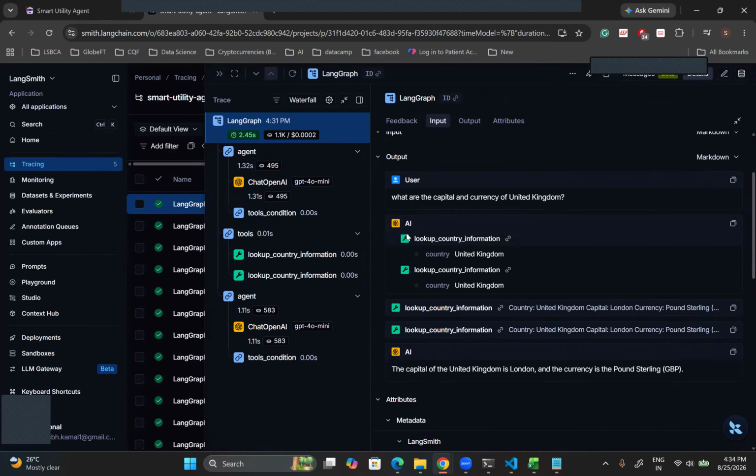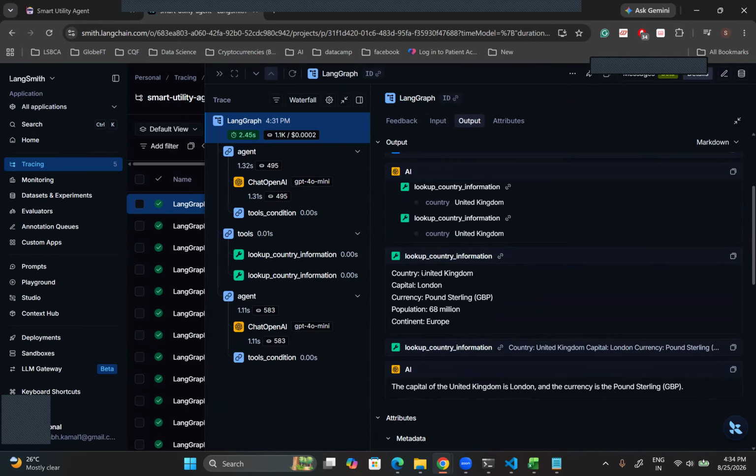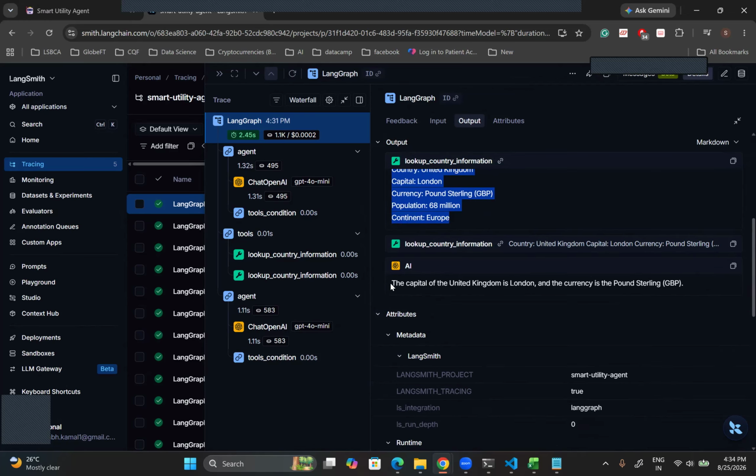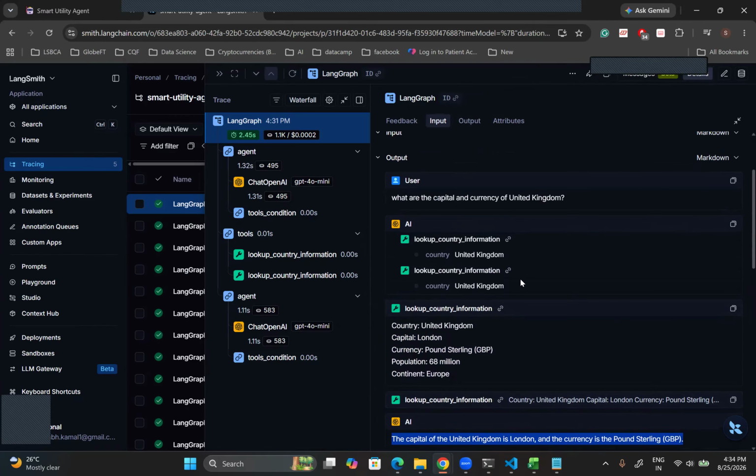Now, AI called this tool, look up country information, twice. United Kingdom, London, pound sterling, 68 million. It gives me a whole bunch of information. But here's the answer from the AI: the capital of United Kingdom is London and the currency is pound sterling. So the moral of the story is that it called this tool, look up country information.